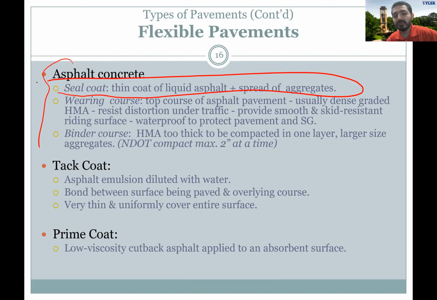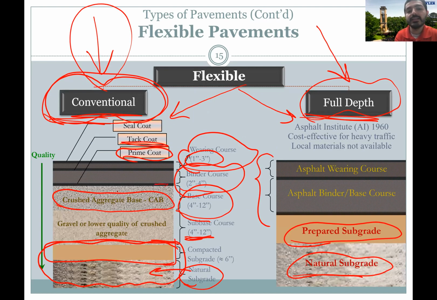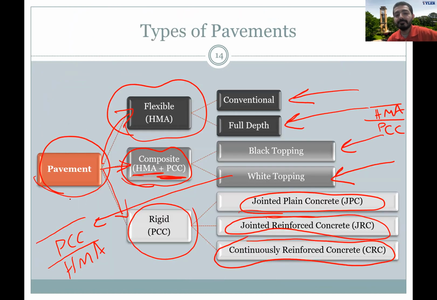The prime coat, we add just before we start paving hot mix asphalt layers. We add it on the surface of the crushed aggregate base. Why do we do this?